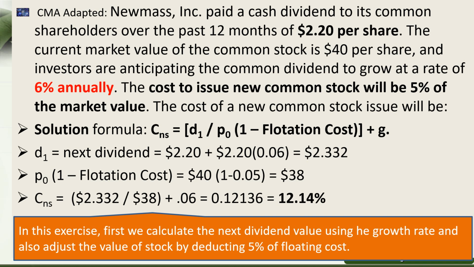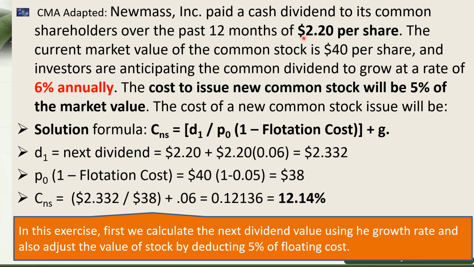First we have to take the D1 value. The dividend given is $2.20. We have to add the growth rate also, because the past 12 months dividend is 2.20, but now we have to take the next dividend.